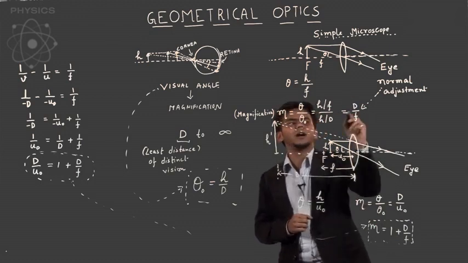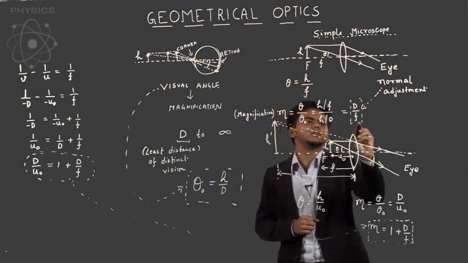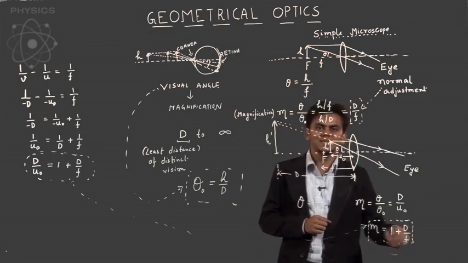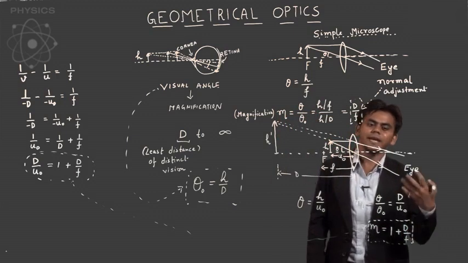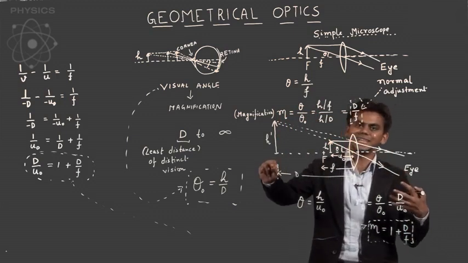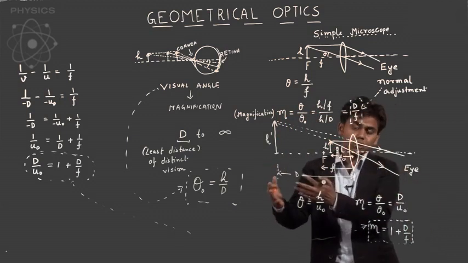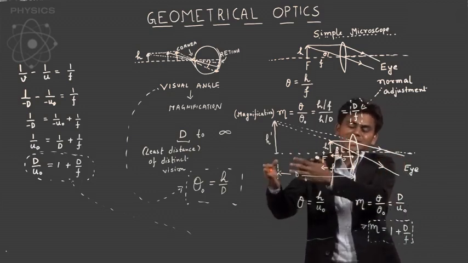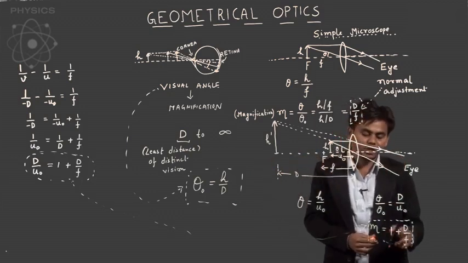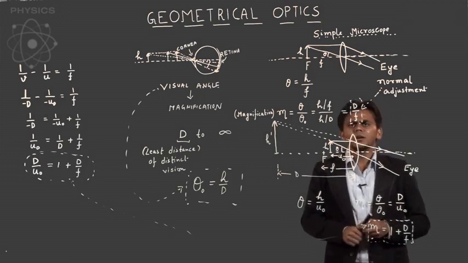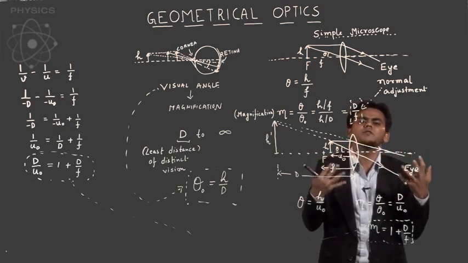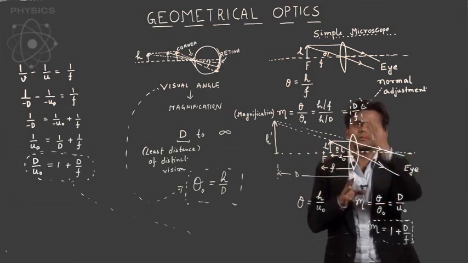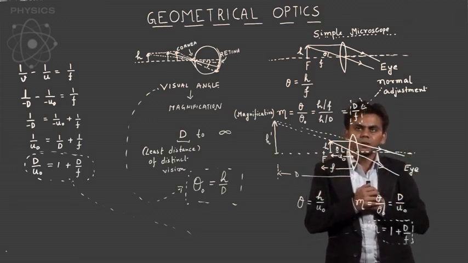So that formula is for normal adjustment, and this formula, 1 plus d by f, is for the situation when my eye is seeing the image of the object at d. I cannot achieve magnification beyond this. That's the limit on my eye. Naturally, my f should be less than d to have any meaningful magnification. Only that would give me a value greater than 1.